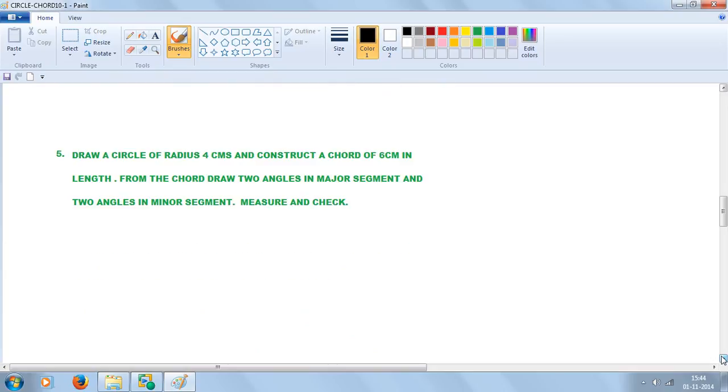So next problem. Draw a circle of radius 4 centimeters and construct a chord of 6 centimeters in length. From the chord, draw two angles in the major segment and two angles in the minor segment. Measure and check. This is a little big problem.